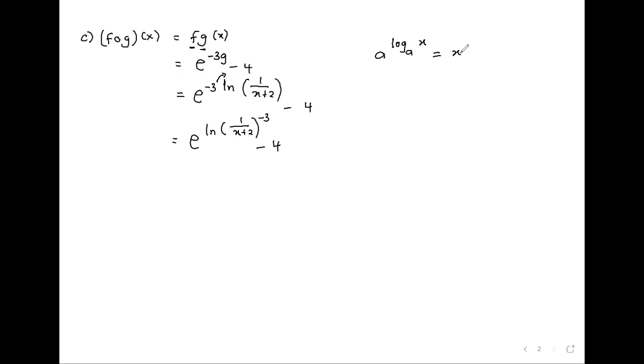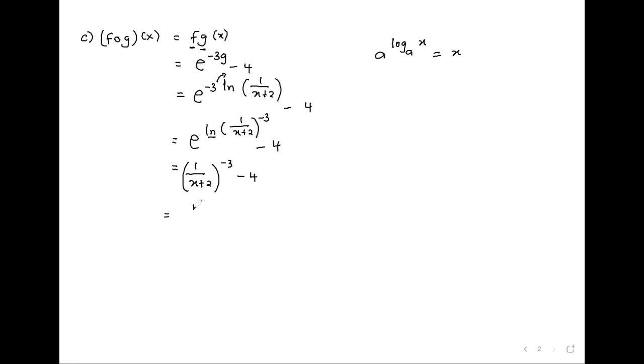The same way the log disappears, even in the exponent, it disappears as long as the bases are equal. So you know ln is base e, so the whole thing just drops to 1 over x plus 2, to the power negative 3, minus 4.